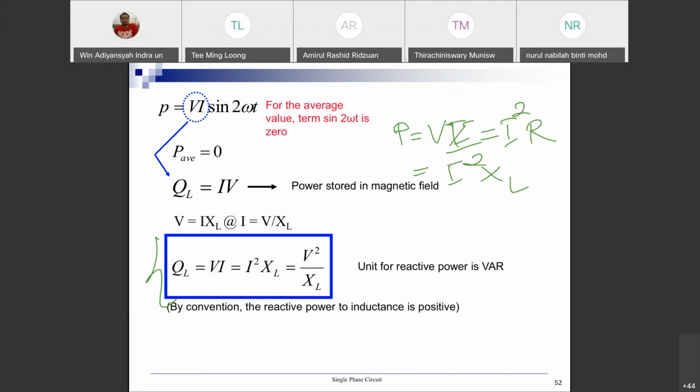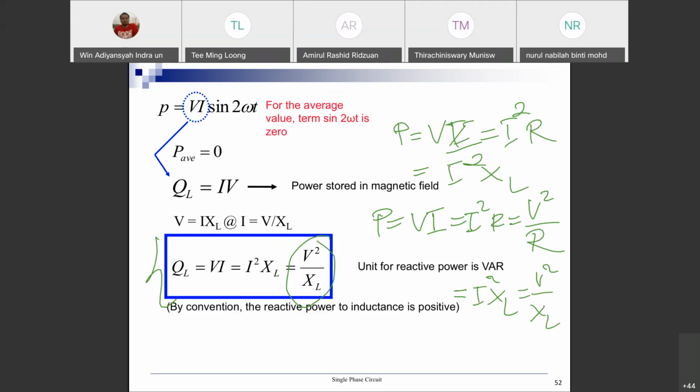Or you can also do this, let me write this one, sorry. VI equal to V squared divided by R. So you just replace the R with XL. If you replace R with XL, this one will be V squared over XL, right?